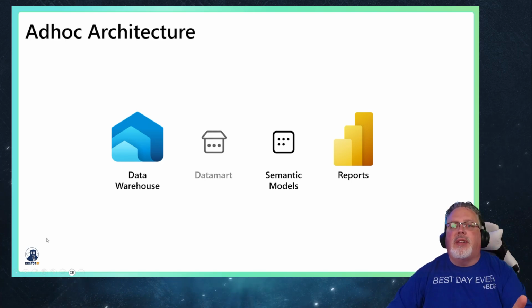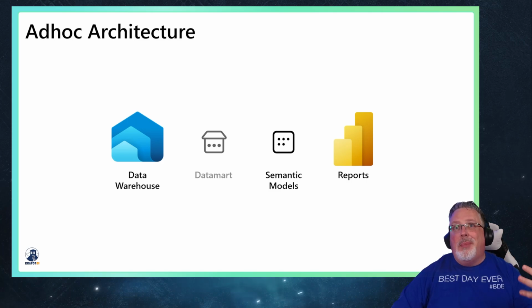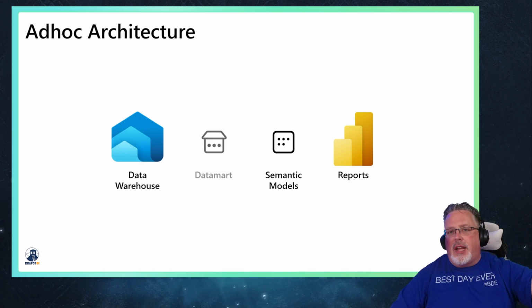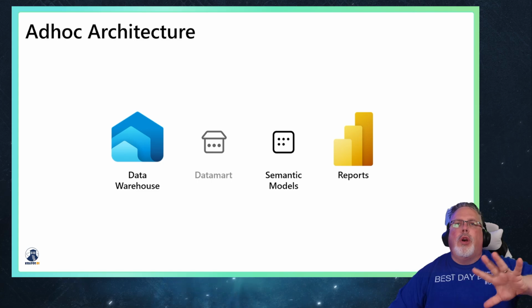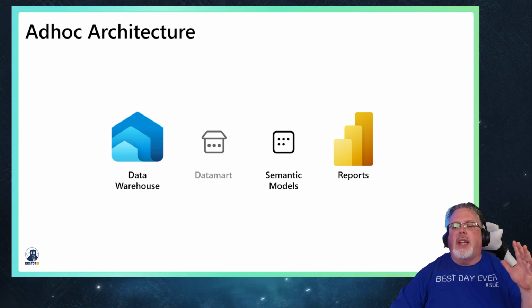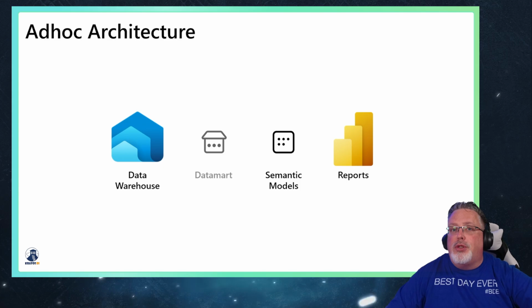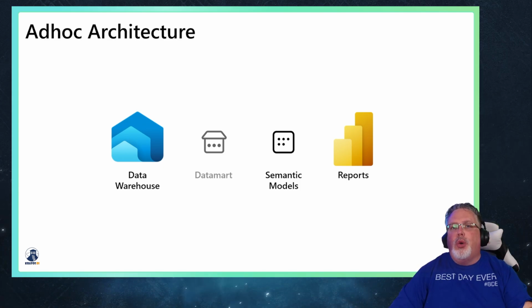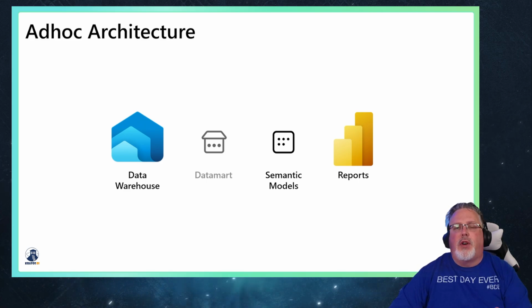So they created this ad hoc architecture that eliminated the data mart from within it. They just said, instead of having that data mart, we're going to leverage tools and capabilities inside the semantic model to do those transformations, to load our data, to do different enrichment activities from our reports.